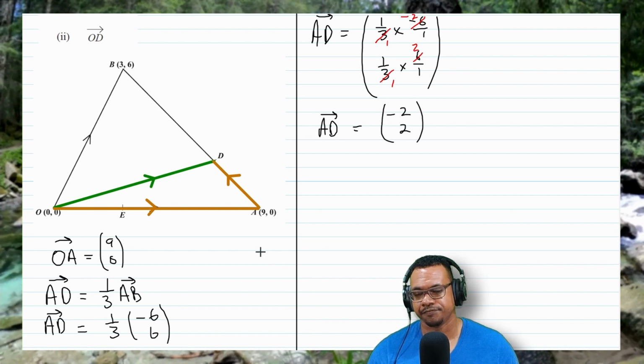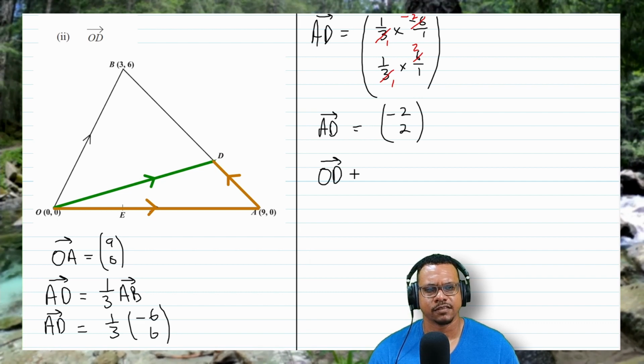That's AD. So now vector O to D would be O to A plus A to D. So our vector OD is equal to O to A plus A to D. Again, you're seeing the O on this end, the D on the next end, same letter in the middle.